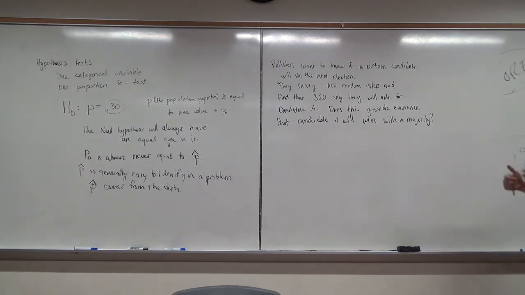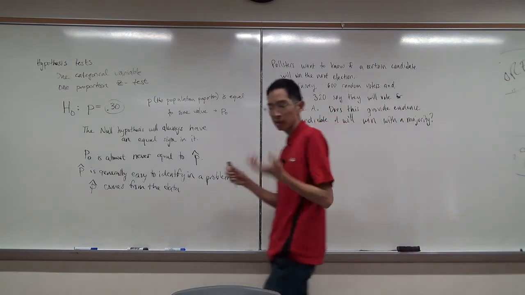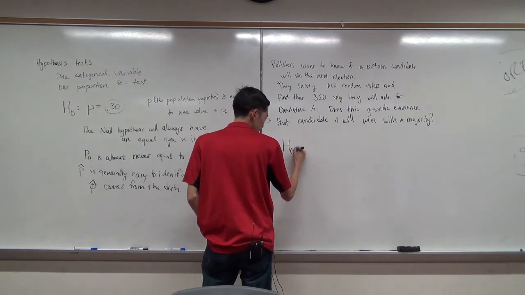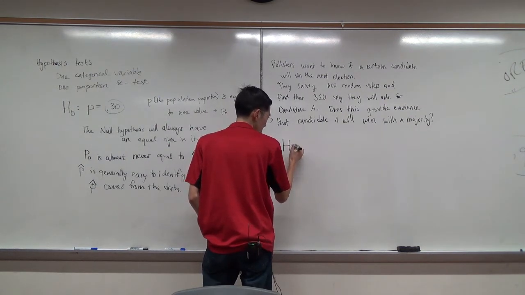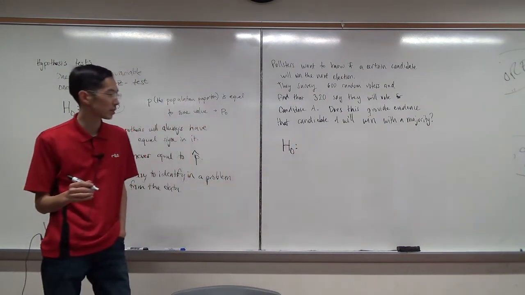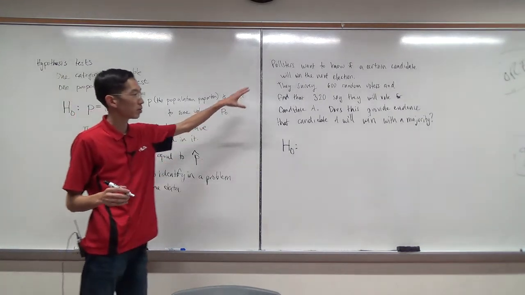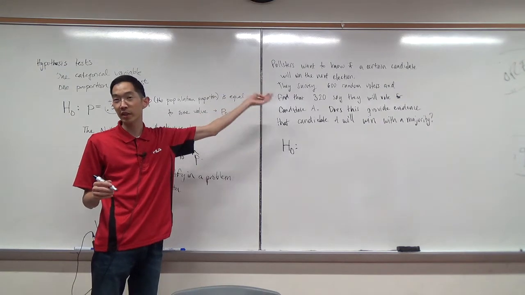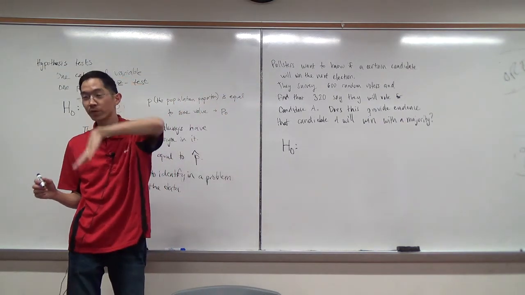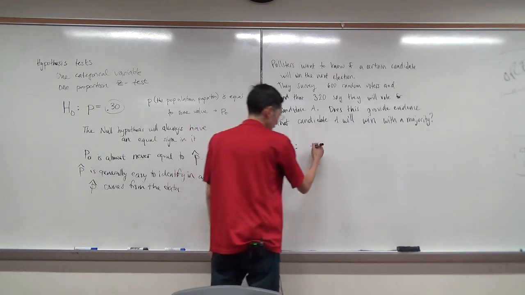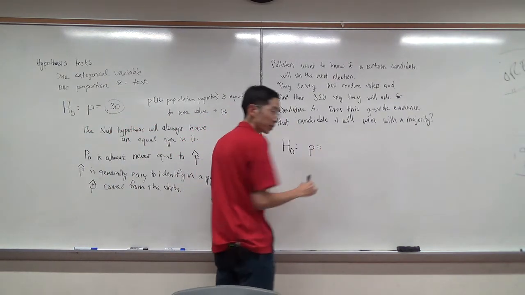In this case, we want to set up our hypotheses, and let's just figure out what our null hypothesis should be. Because we're dealing with one sample, and it's a categorical variable, they're either going to vote for candidate A or they're not, so our null hypothesis is going to have p equal to some value.